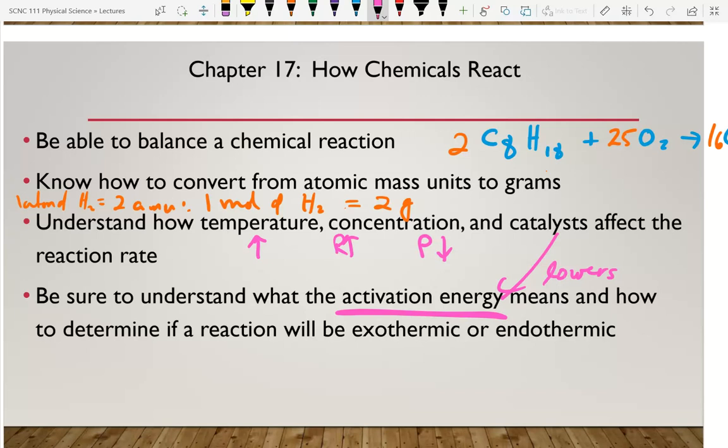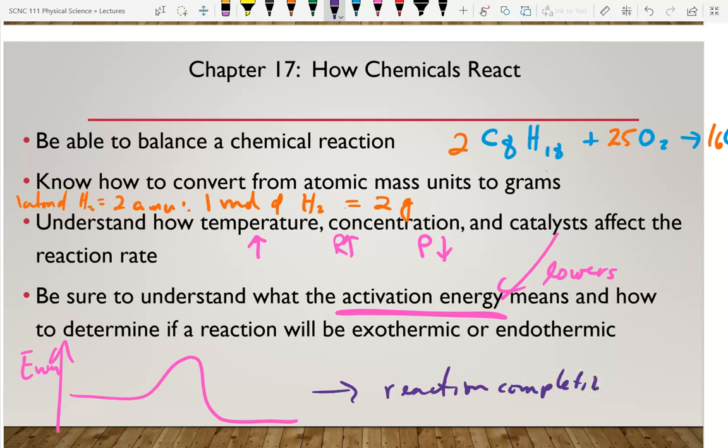So the activation energy, how much energy is needed? We had graphs like energy on this axis, and this axis here is reaction completion. Unreacted here, complete here, that's the activation energy, the energy required to make it start occurring.